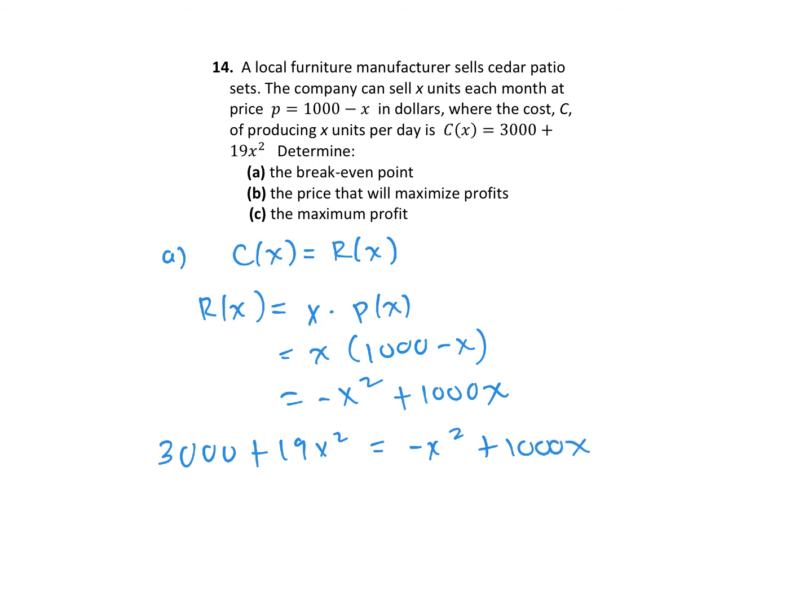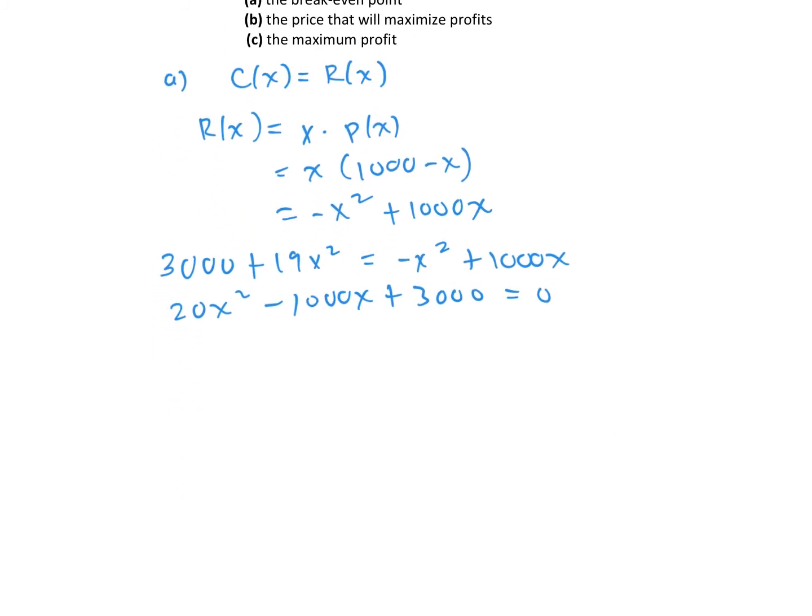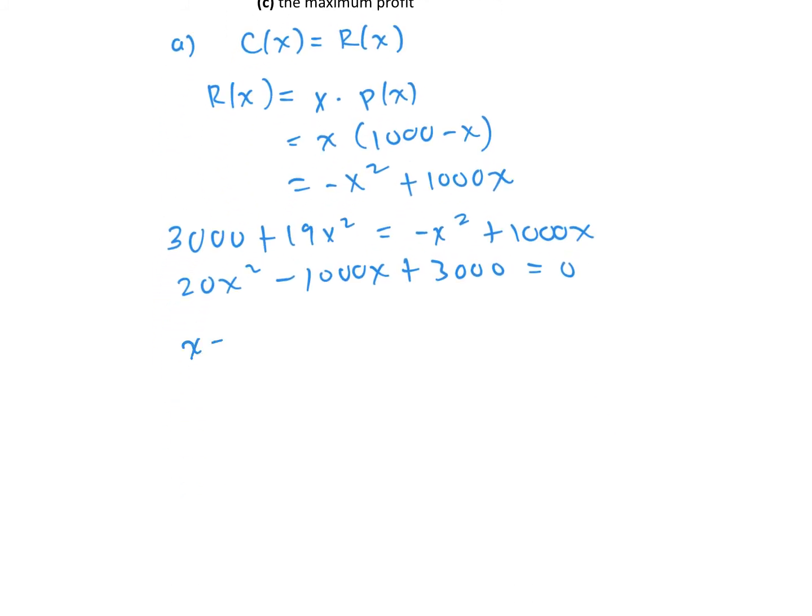And so since we want to solve, let's set it equal to 0. So we'll get everything on one side. So we'll bring this over to the left. And I'm going to use the quadratic formula to solve this, because I don't think we can factor it.